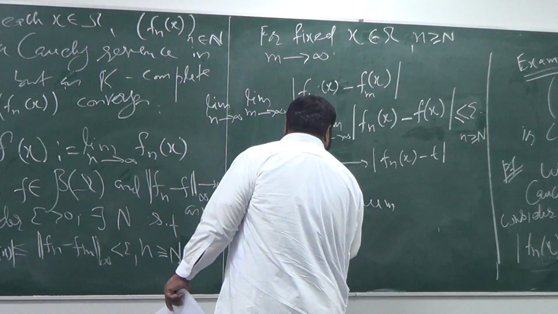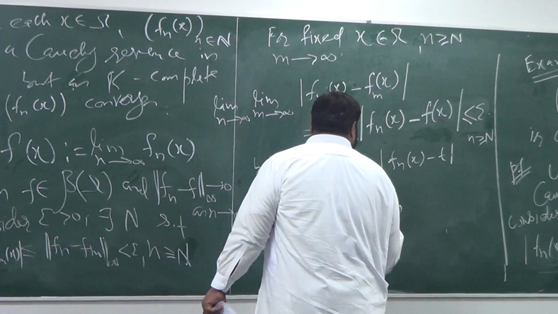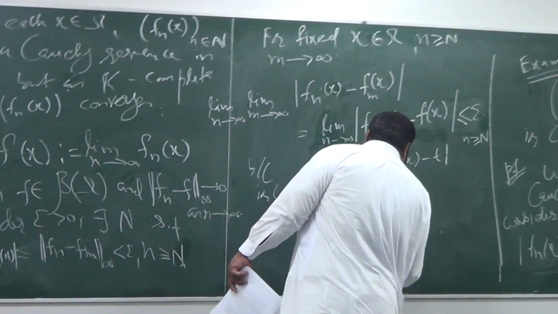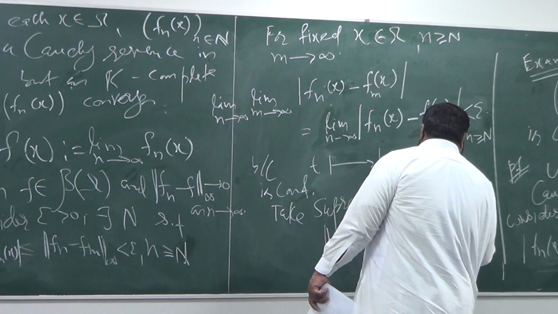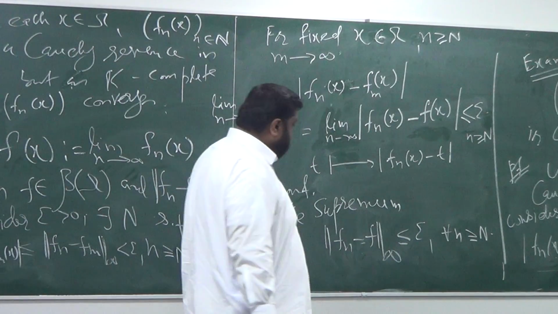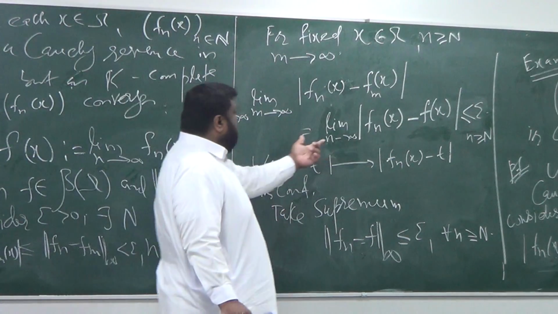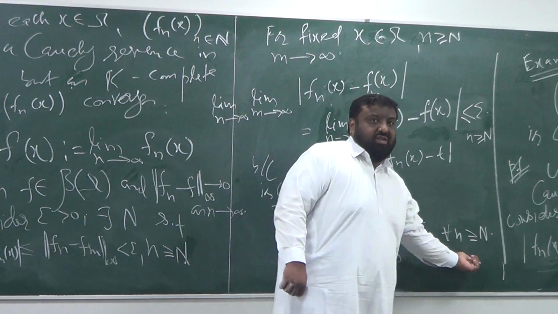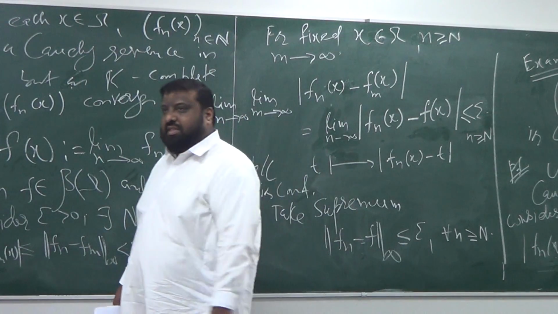The norm of f_n minus f in the infinity norm can be estimated by epsilon whenever n goes beyond N. You can ask, where does this limit go? Well, this limit is here. This is another way of writing this limit, essentially.